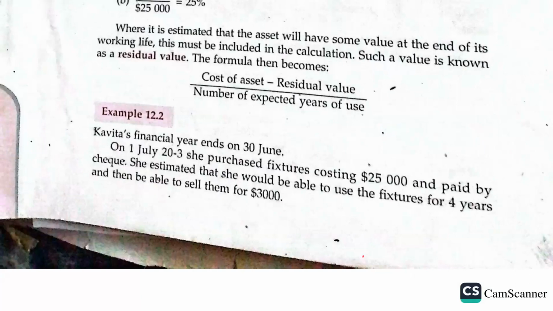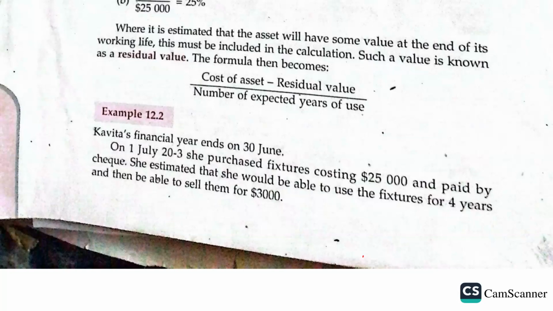Let's have an example, and this is just an advancement of the previous example. Riding on the previous example, we just add that the asset will be able to be sold at $3,000. Picking it up from the previous example, we are going to resell the asset at the value of $3,000. So let's calculate depreciation. It is as simple as ABC.